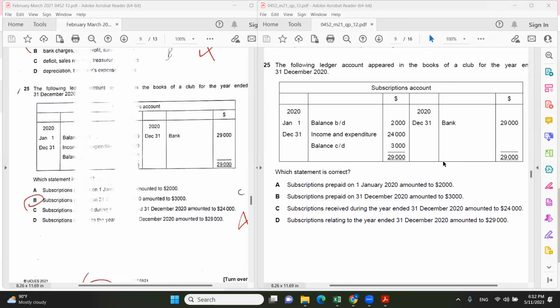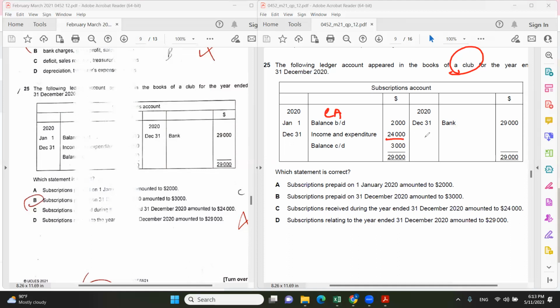Question 25. The following ledger account appear in the books of a club. Subscription balance brought down here means a current asset, so a member didn't pay the fee yet. This is the total collection for the year.